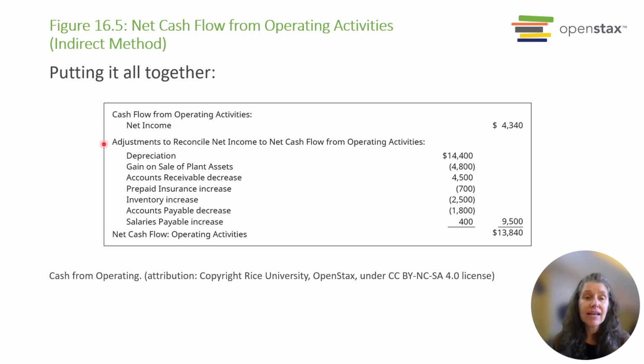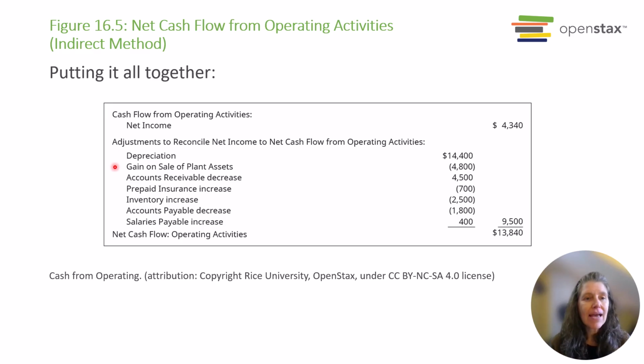Then the heading, adjustments to reconcile net income to net cash flow from operating activity. Sometimes you'll just see the word adjustments and leave the rest off. We're going to begin our adjustments with any depreciation, amortization, or depletion expense amounts listed in the expense part of our income statement. Add those back in.